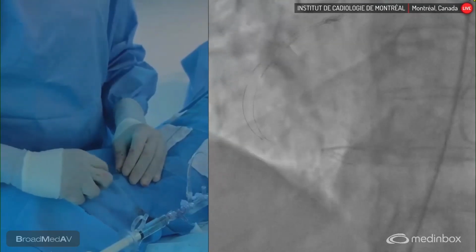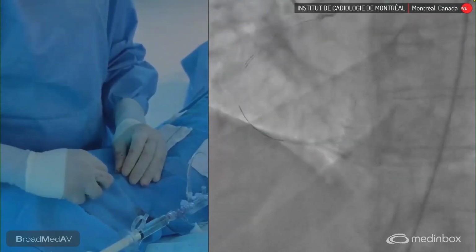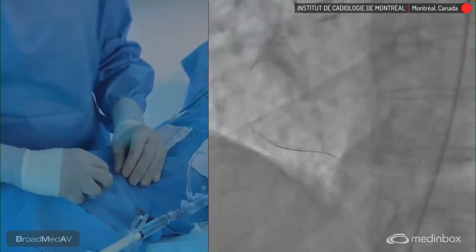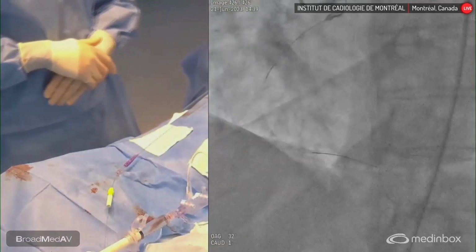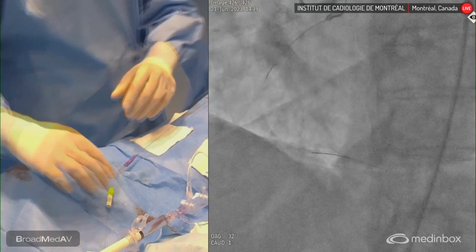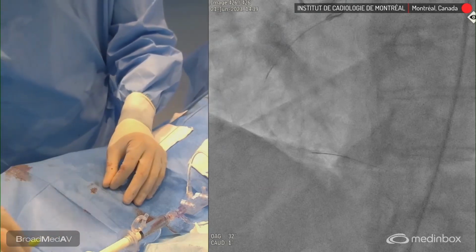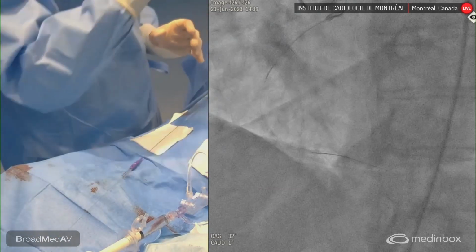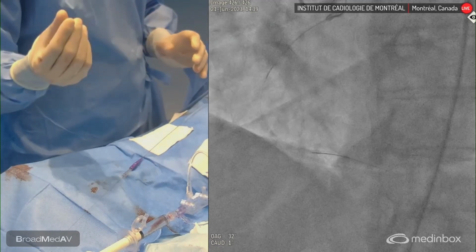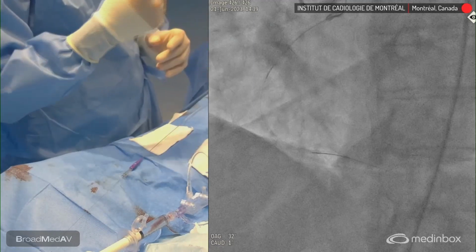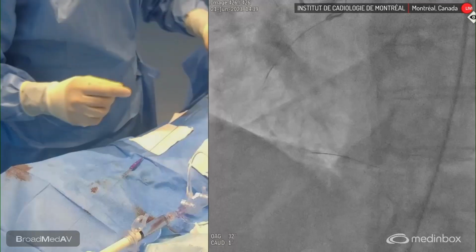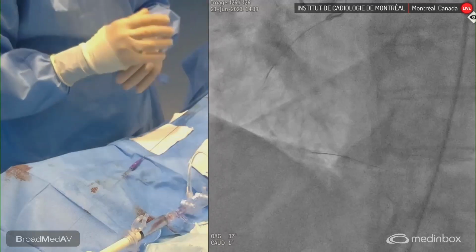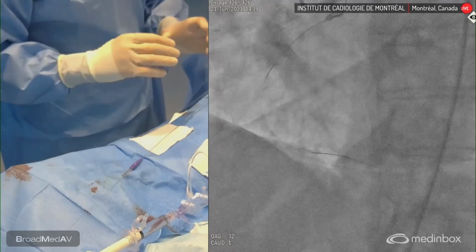Okay, so I'm torquing the wire manually and I'm trying to follow the dye, and here we go. Okay, so very carefully, in a very controlled fashion. And once I figured I was in the lumen, I saw the dye in the distal bed, and then I just maneuvered the wire, making sure the tip is moving, that I'm not in a subintimal space, not to extend the hematoma, not to create any dissections.